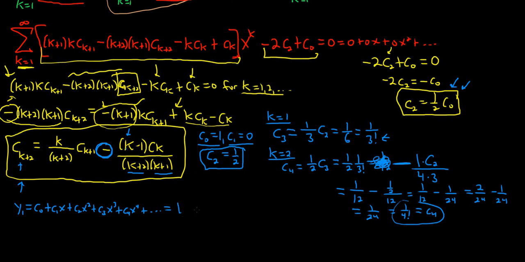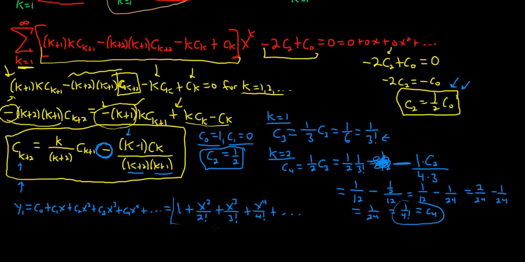C sub 1 is 0, so it's gone. C2 is 1/2, so it's plus x squared over, let's write it as 2 factorial. C3 is 1 over 3 factorial, so it'll be plus x cubed over 3 factorial. And the next one is x to the 4 over 4 factorial, etc.